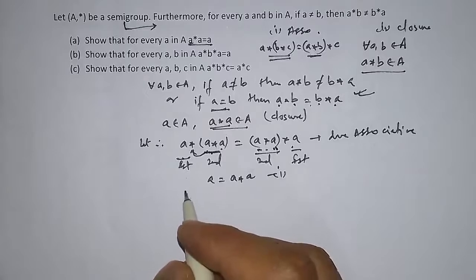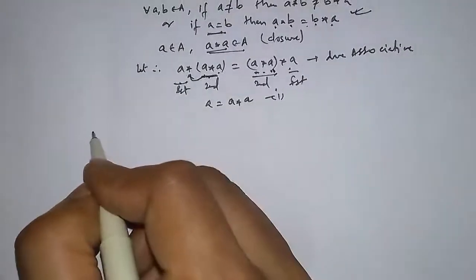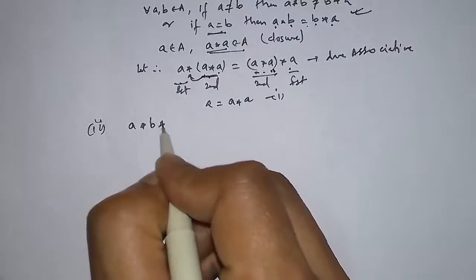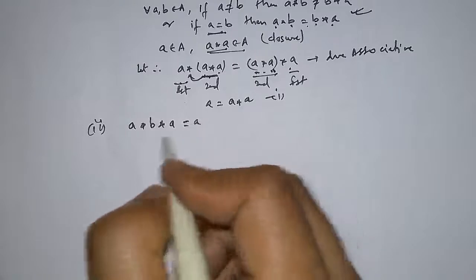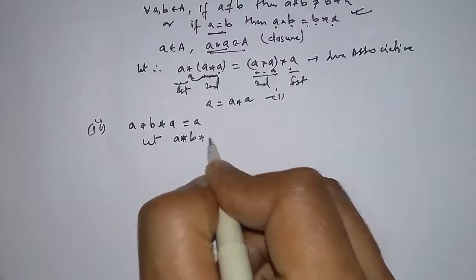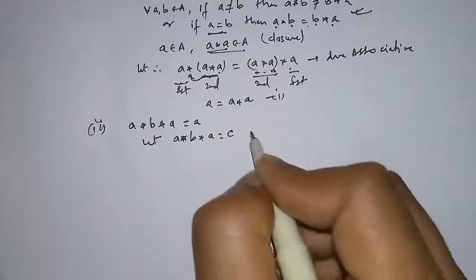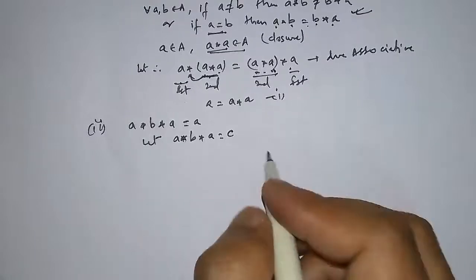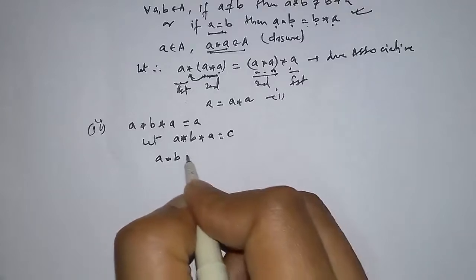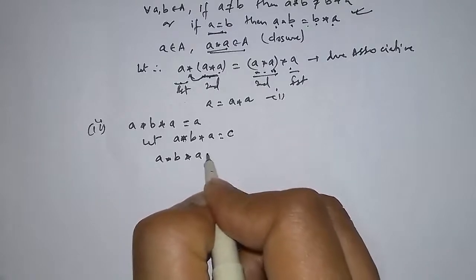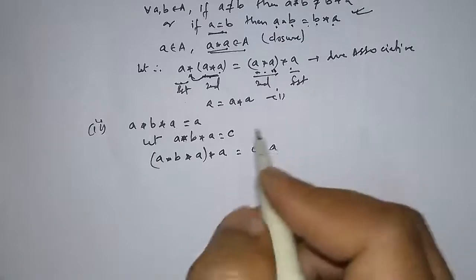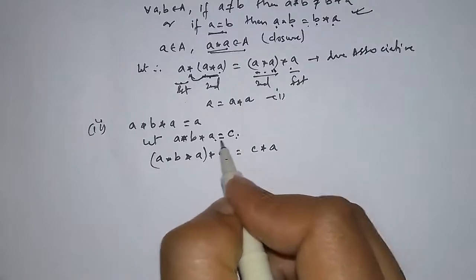Now when we move towards the second result, we have to prove that A star B star A is equal to A. Let A star B star A be equal to C. We have supposed. Now (A star B star A) star A is equal to C star A, multiplying A on the RHS of both sides.